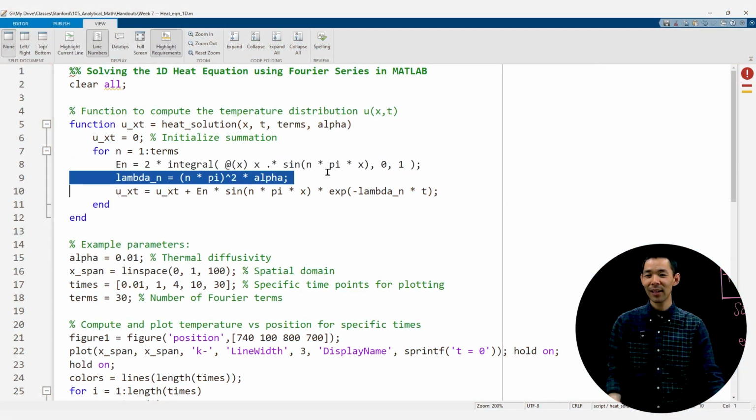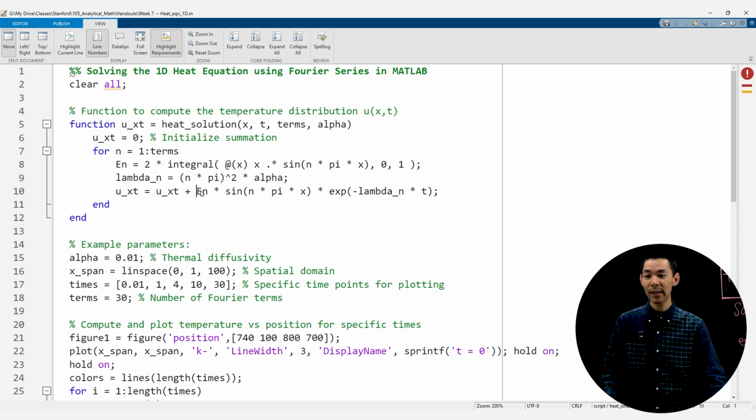The second line is our definition of lambda, and we've absorbed this alpha inside. So we've said that lambda is equal to n pi over L, squared, times alpha. So we've just put the alpha inside the definition. We've also taken the square. That's a minor detail.